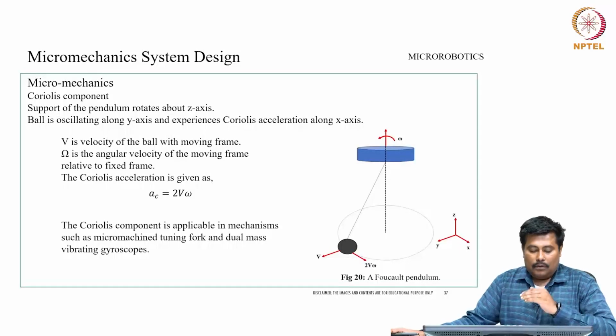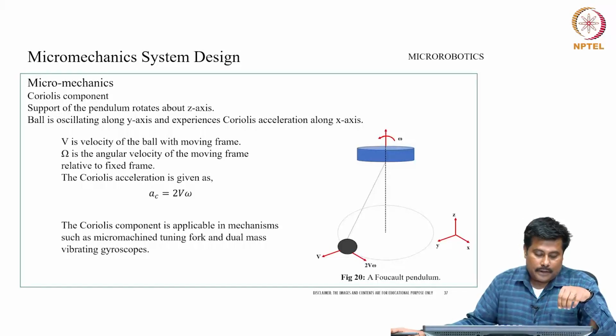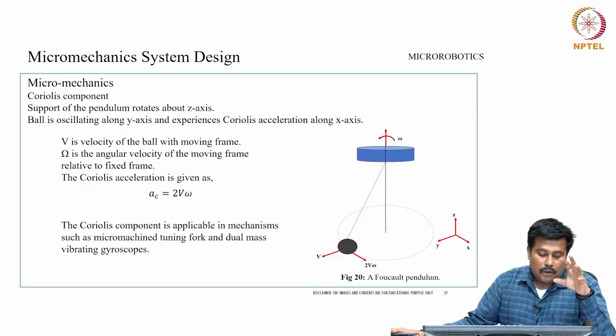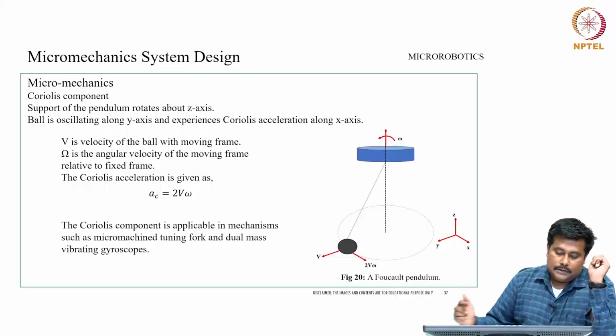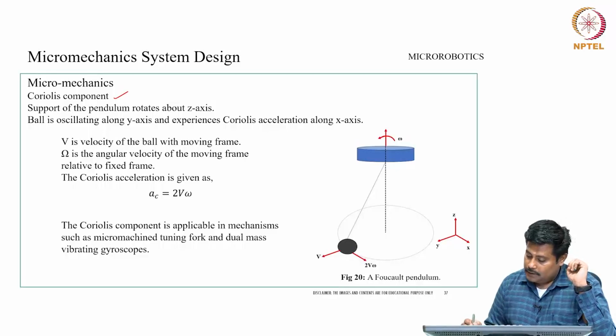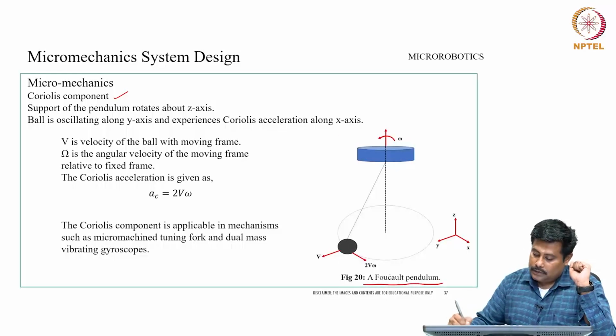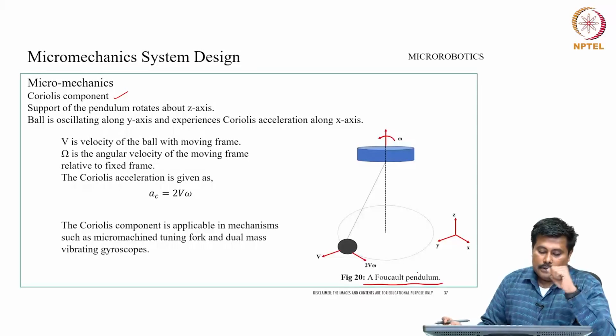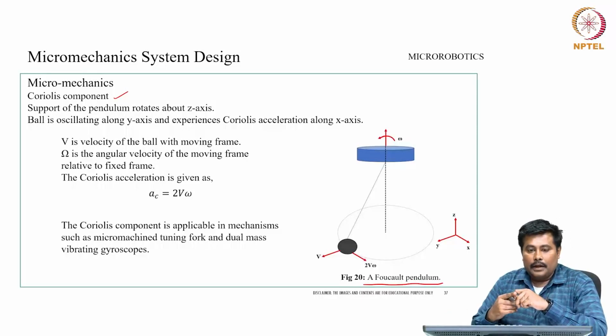Next, one more important aspect with respect to this overall component is what we call the Coriolis component. One of the main examples of this Coriolis component is a Foucault pendulum. This is the overall schematic of a Foucault pendulum, where the support of the pendulum rotates about the z axis.